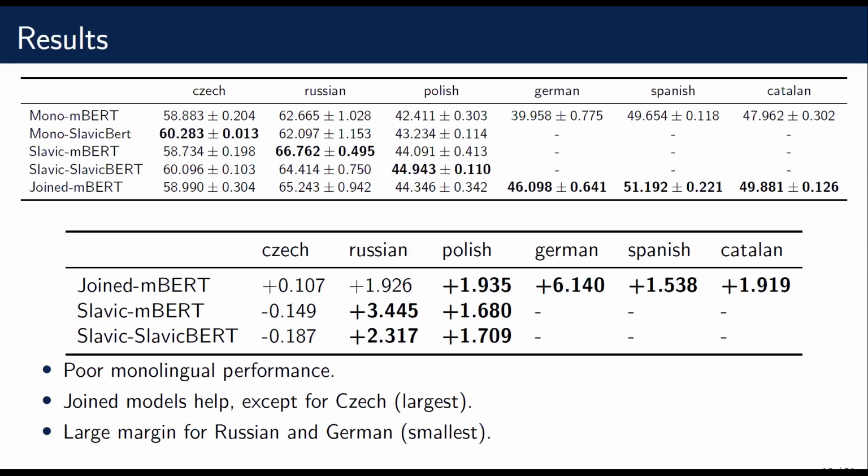So the main reason for the low scores is singletons, and you will see later in the presentation that when we remove the singletons from the evaluation, the performance really rises. But the important point is that if we focus on joining the models together, the performance increase is significant.